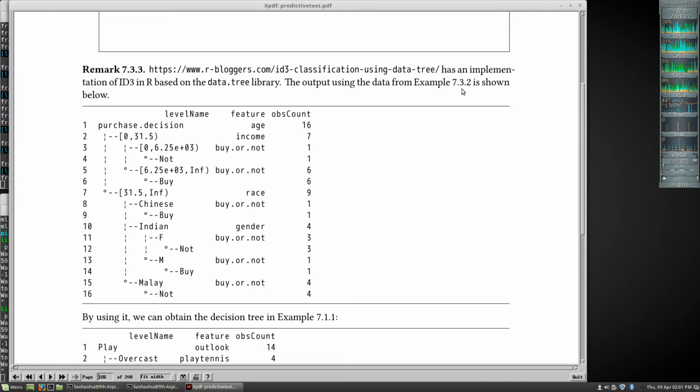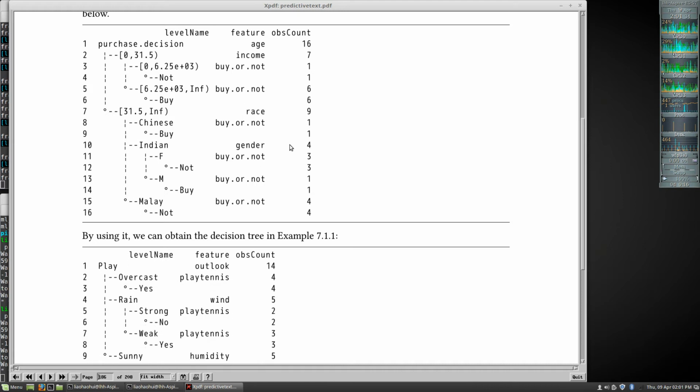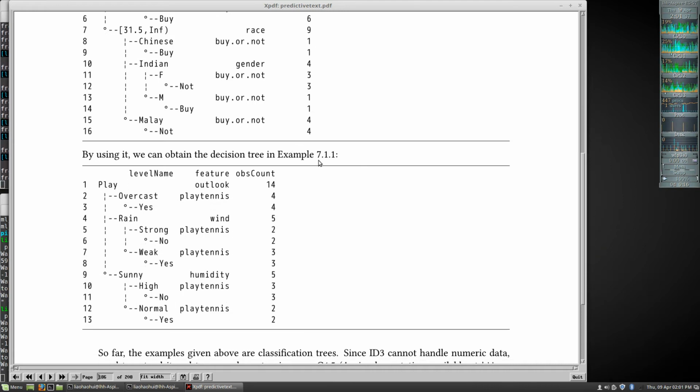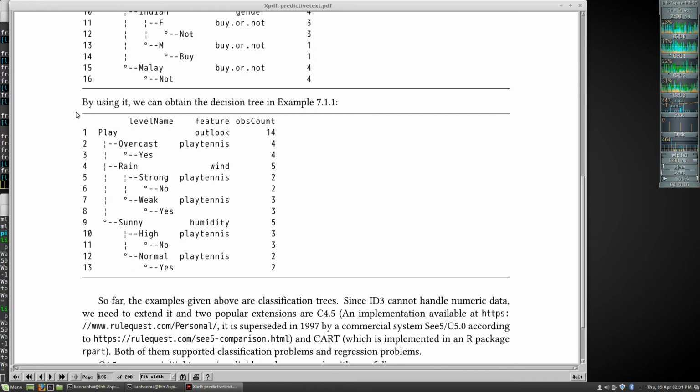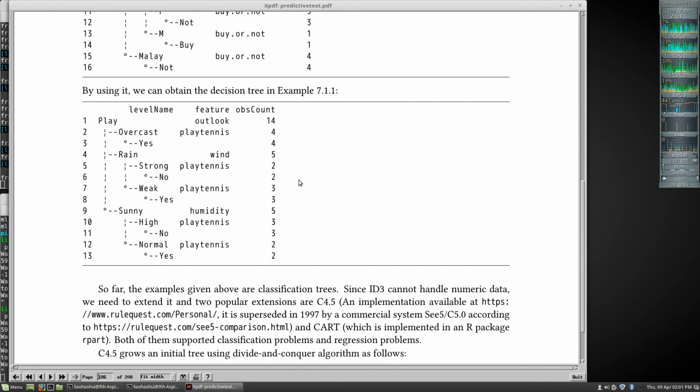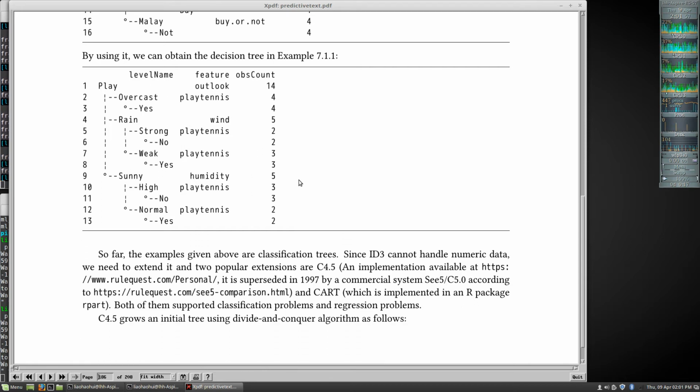For example, from example 7.3.2, it will just generate the ID3 tree for us. And if we apply it to the playing tennis data, which is given in example 7.1.1, you should be able to get the text representation of the tree, which is shown earlier on.